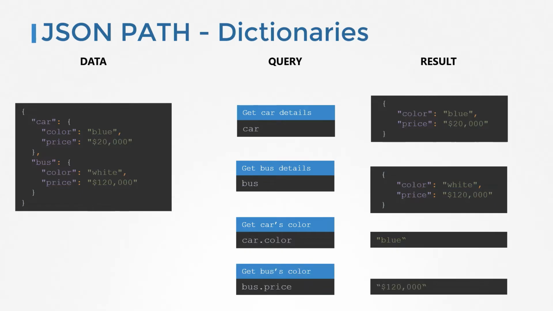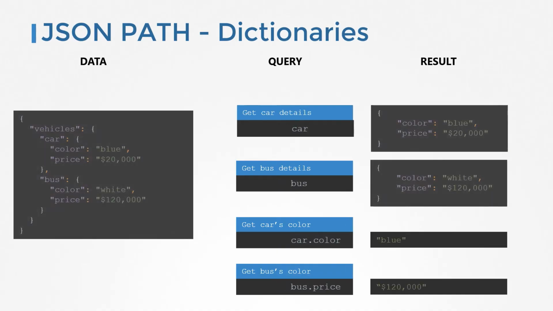Let us suppose the car and bus are encapsulated within a dictionary named vehicles. Now, how would our queries need to change to get the same results as before? We now have a parent dictionary vehicles, then the car and bus, which are child dictionaries, and then color and price, which are properties of the car and bus.